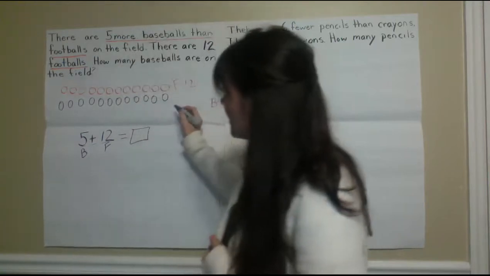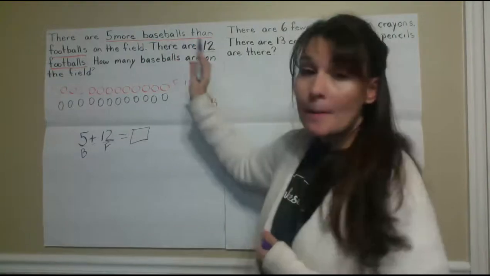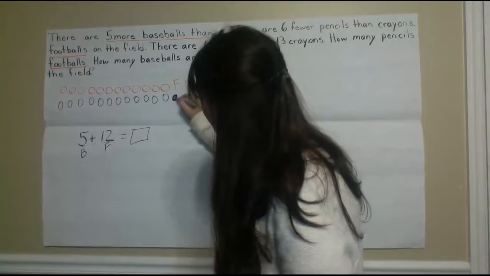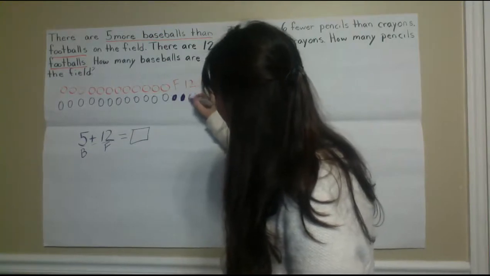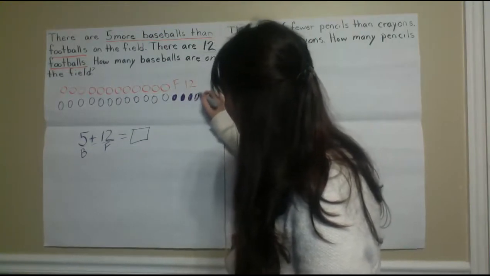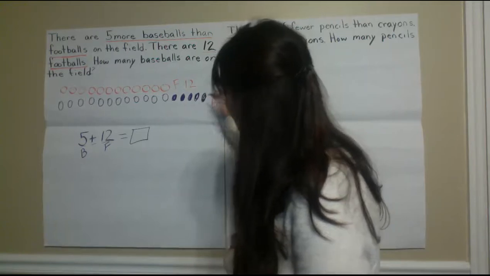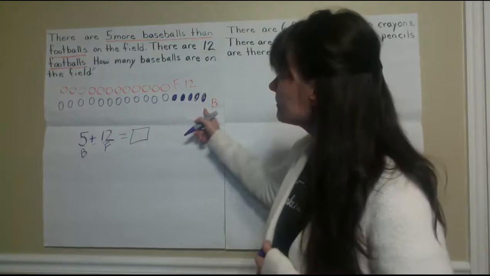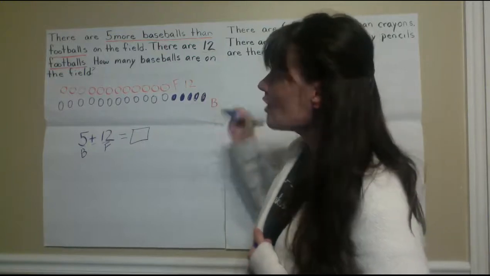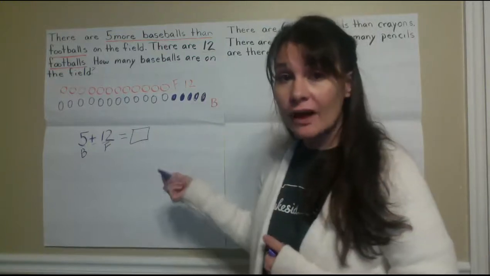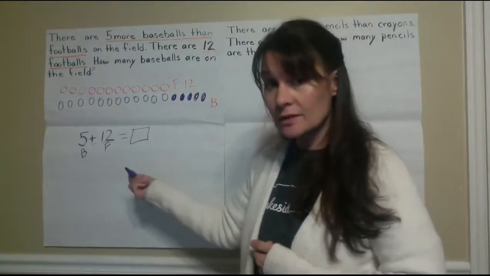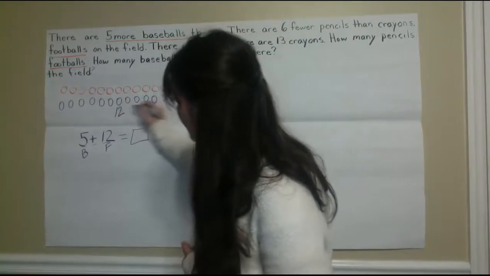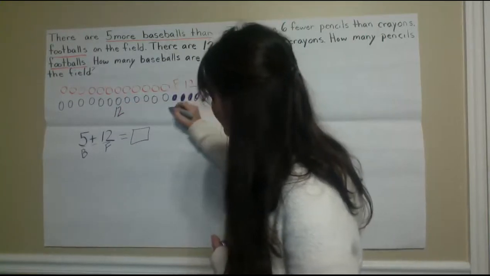And then it said that there are 5 more. So 1, 2, 3, 4, 5. Because I know that there's 5 more. How many baseballs are there in the field? If there's 5 more than there are footballs. Well, let's think. Here's my 12. And here's my 5 more.